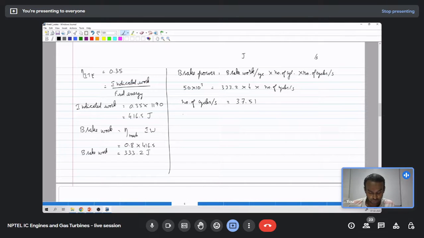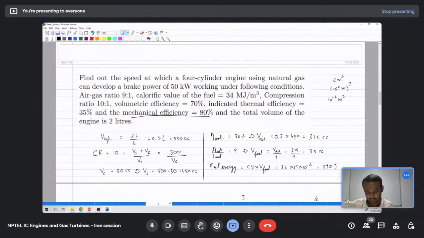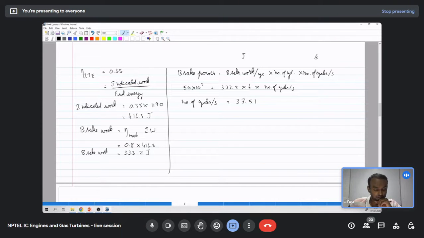Now to convert this to speed, it has to run 2 revolutions for every cycle. So number of revolutions per second is 37.51 into 2, that is 75.03.